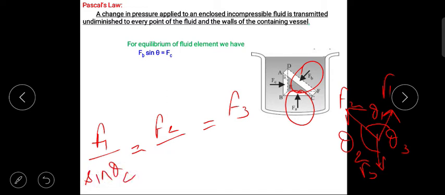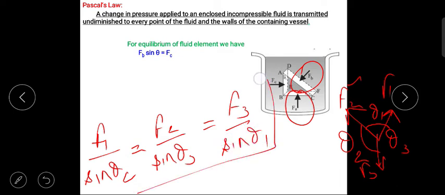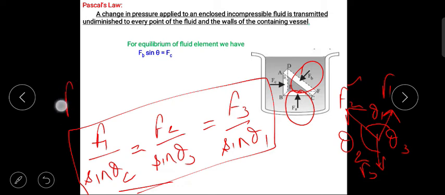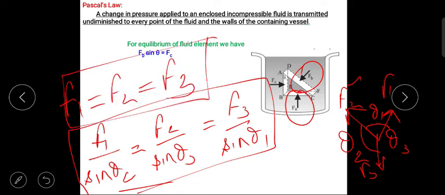If I am taking F2, I am taking sine theta 3. And if I take F3, that will constitute sine theta 1. So these forces cancel each other's effect, and finally I am going to show you this result.